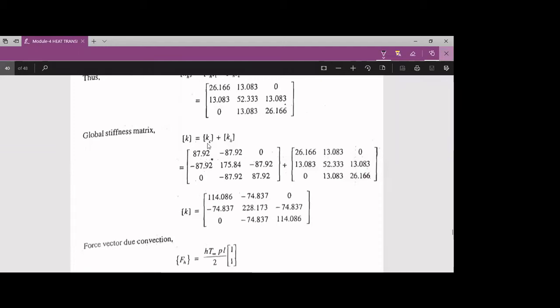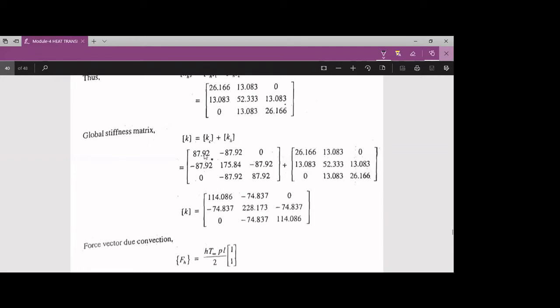Whatever values we obtained for Kc, for the same elements we obtained the Kh values. So Kc and Kh are going to overlap, because the same elements were used to find the conduction matrix and convection matrix, so each coefficient value is added at that particular location.